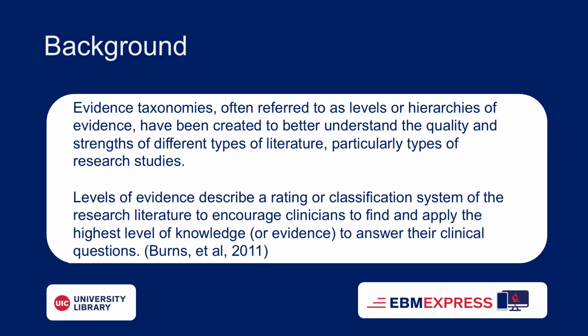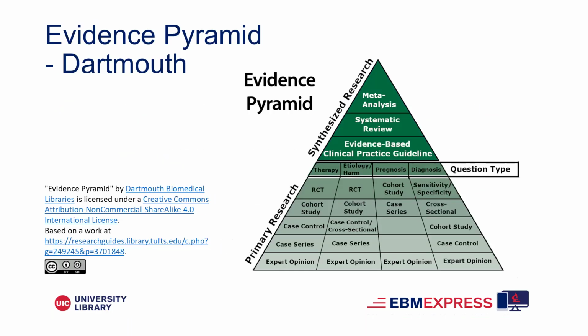Some evidence levels or hierarchies of evidence provide a visual representation of the layered or stepped transition between low levels of evidence and high levels of evidence. For instance, the evidence pyramid from Dartmouth Biomedical Libraries shows expert opinion as the base of the pyramid and meta-analysis as the top of the pyramid, noting a distinction between primary research and synthesized research.